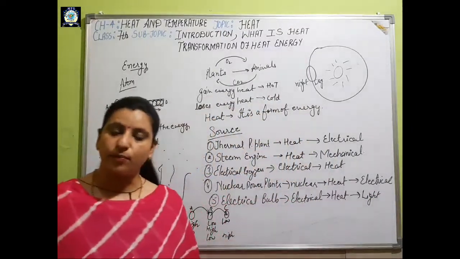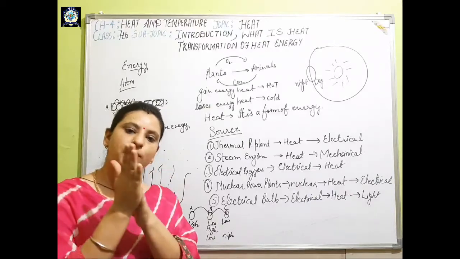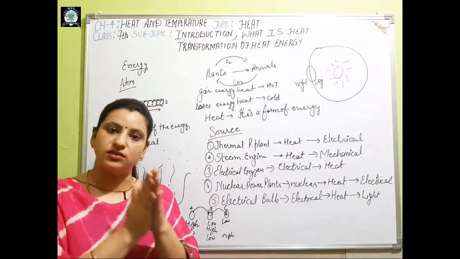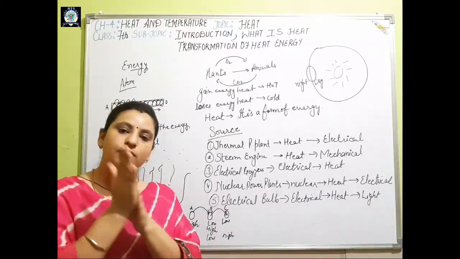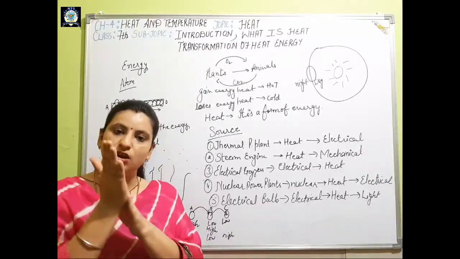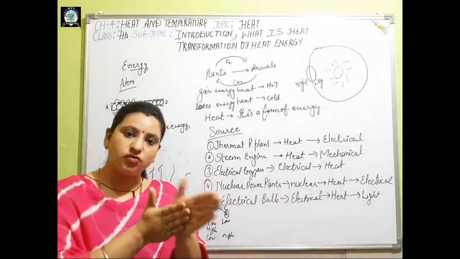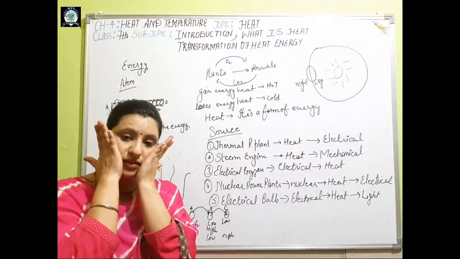And one more example, you can experience on your own. When we rub two palms of our hands with each other, then after some time you will observe that a heating effect is produced in our palms. So here what is happening? The mechanical energy gets transformed into heat energy.